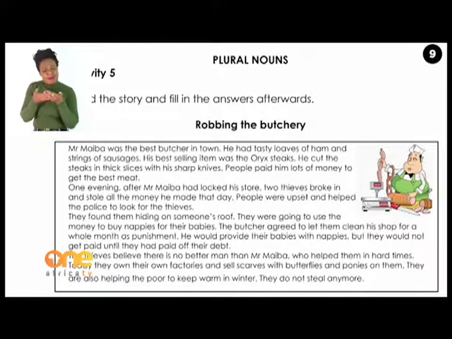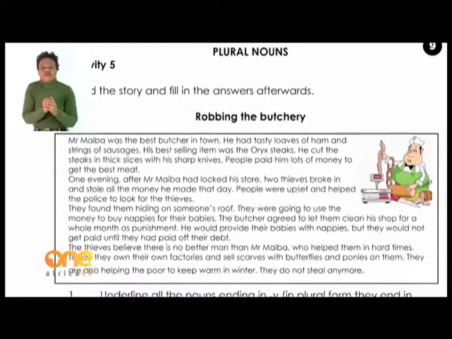Today, they own their factories and sell scarves with butterflies and the ponies on them. They are also helping the poor to keep warm in winter. They do not steal anymore. That's our story. Is that not interesting?